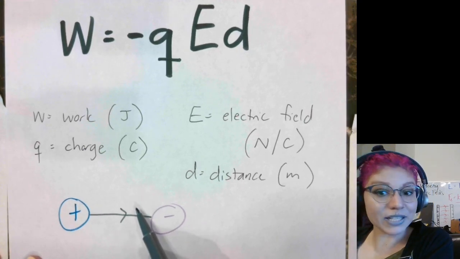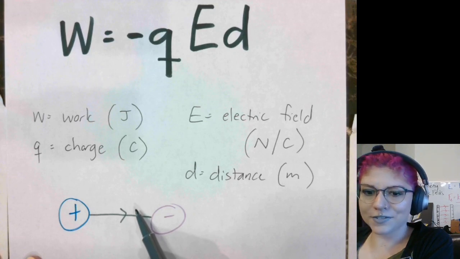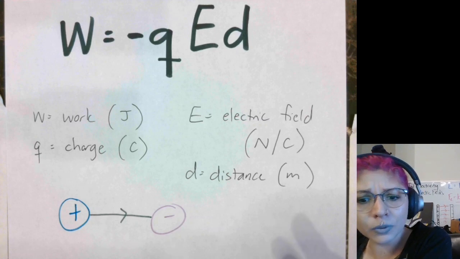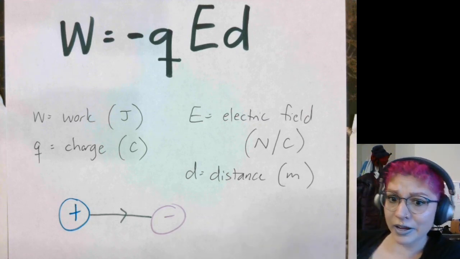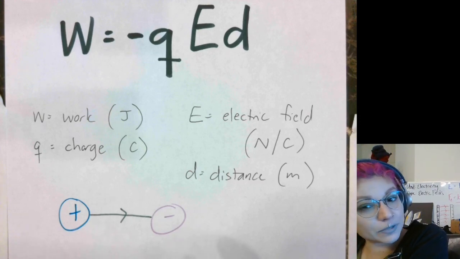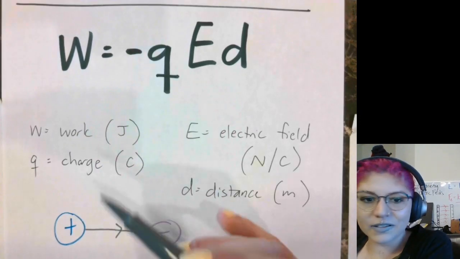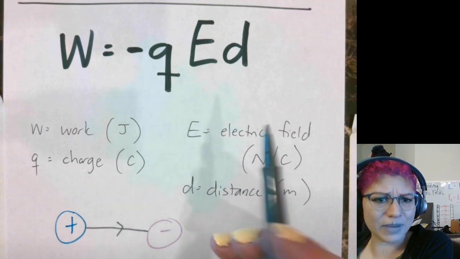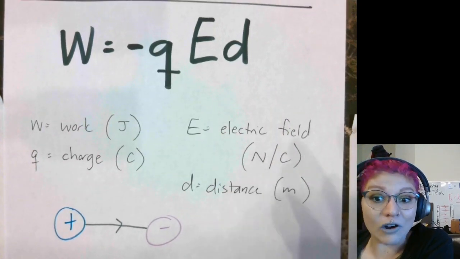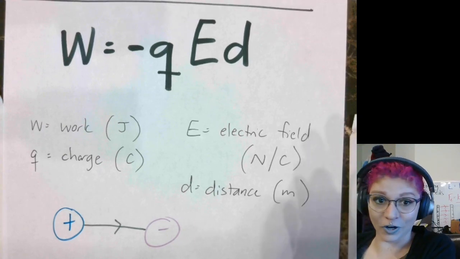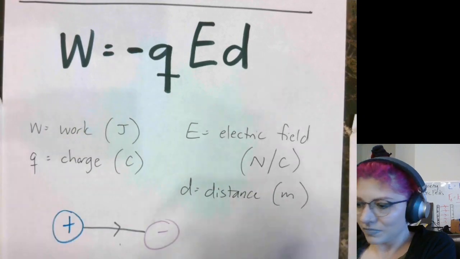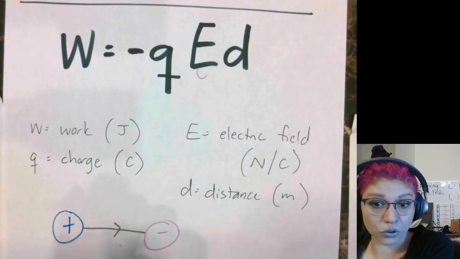Okay, let's think about if we're trying to shuffle these charges around. Like, do we have to put in work? Do we not have to put in work? Are we kind of compressing that spring? Are we stretching that spring between them? And so this equation should make sense, right? So it depends upon the actual value of the charge, right? Is it a big charge? Is it a little charge? It depends upon this electric field between the charges.